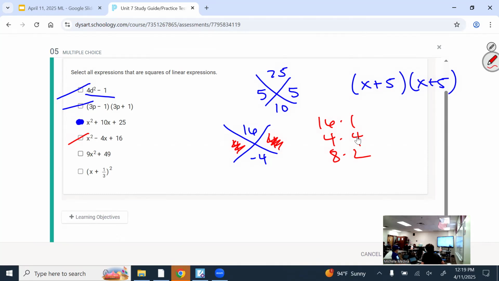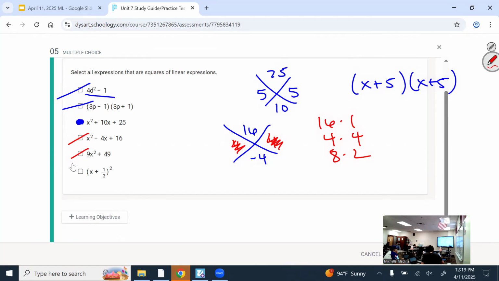Anyway, this next one, is it a square of a linear expression? No, because it's a 2-term. We know if they're a perfect square, they create 3 terms. So no, these are perfect squares, but they are not factorable to something that's times itself. Okay.